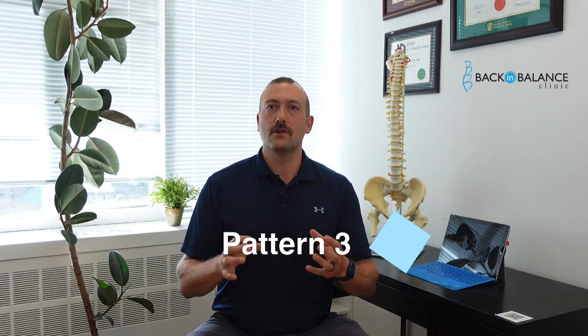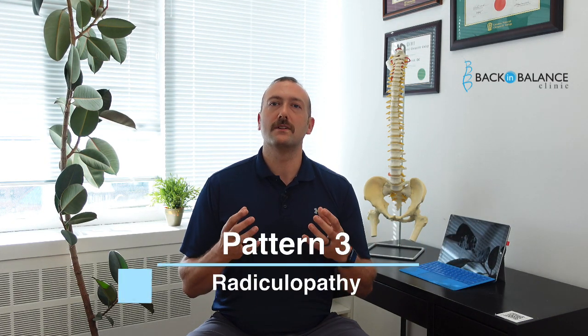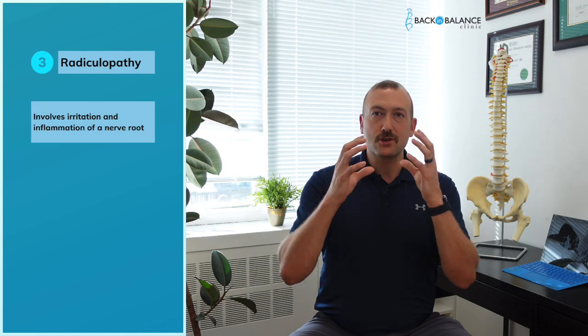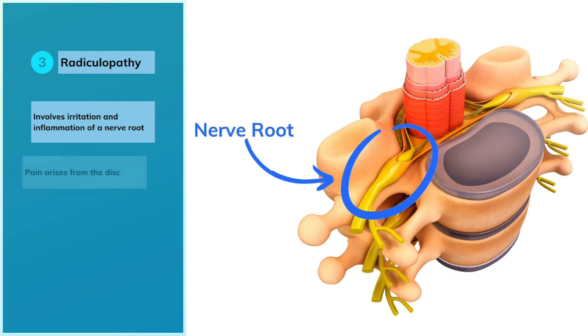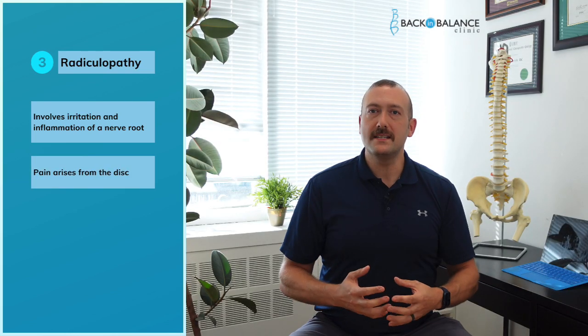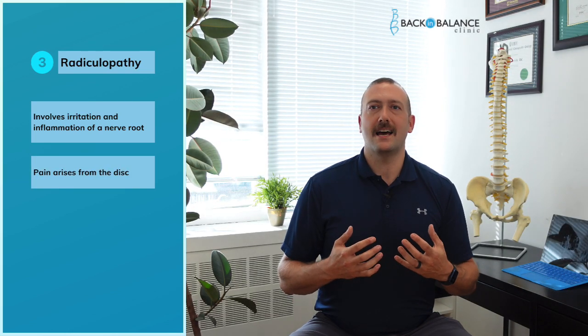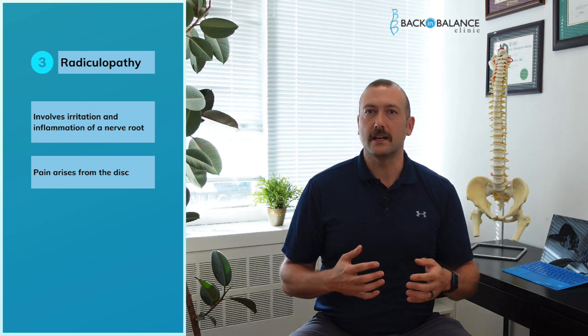The third and fourth patterns have a common theme. They both involve nerve root irritation, and while both are similar in terms of their pain generator, they actually present very differently. Pattern 3, nerve root irritation, is what we call a radiculopathy and involves irritation and inflammation of an actual spinal nerve root. This pain arises from the disc and exhibits disc-type patterns, which we discussed earlier.